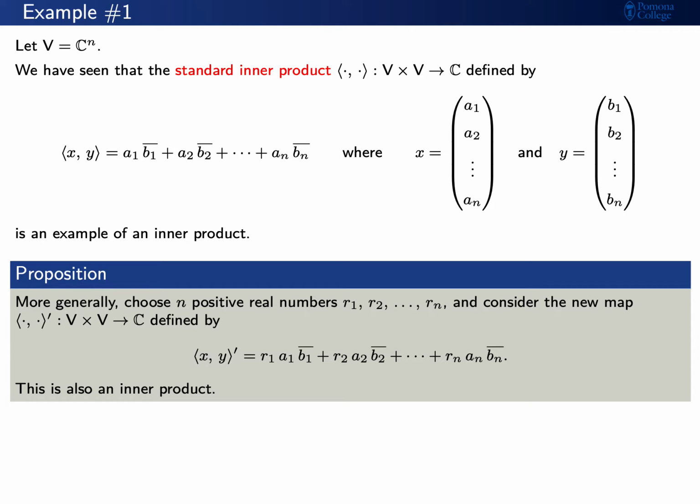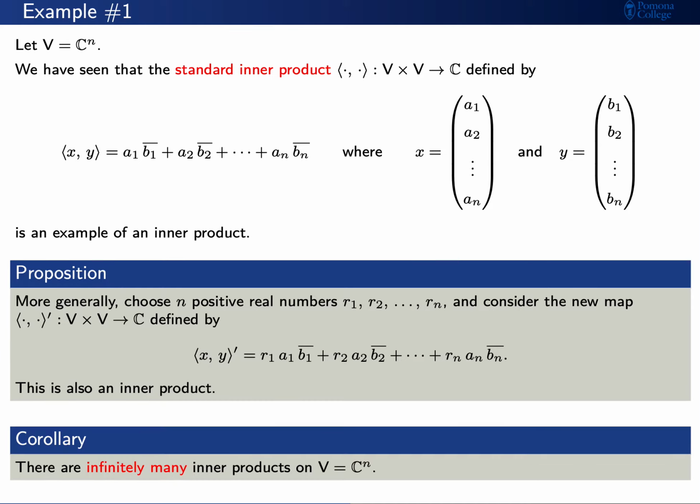Choose n positive real numbers, r1, r2 through r sub n, and let's consider this new map, which we'll call angle bracket prime, that takes two vectors x and y and returns now the following sum: r sub 1 times a sub 1 times b sub 1 bar plus r sub 2 times a sub 2 times b sub 2 bar, and so forth. The claim is that this is also an inner product.